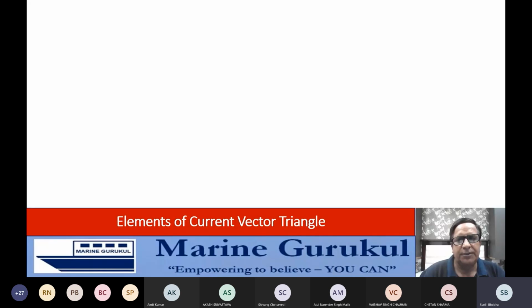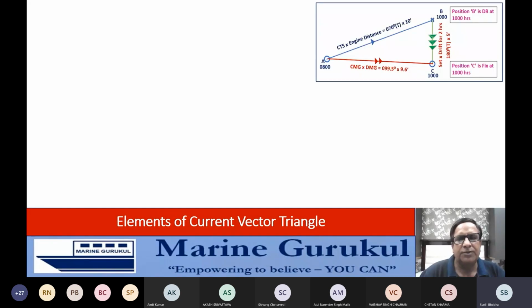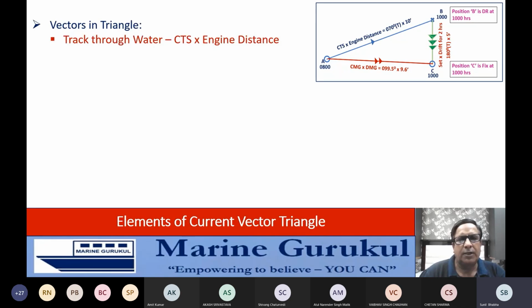Some of the questions you may have put in this format. Now let us appreciate the elements of the vector triangle, because a good understanding of the vector triangle will solve many of our problems. Let's review once again the 3 vectors involved in our vector triangle. They are track through water, represented by CTS and engine distance, which in this triangle is represented by AB.